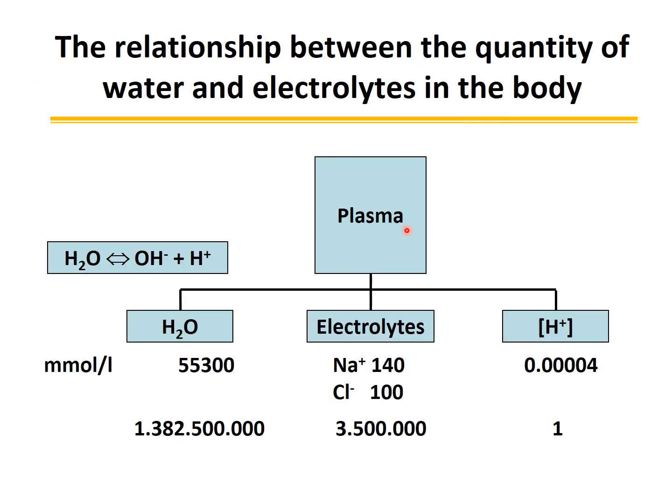And if you look at the relation between the quantity of water and electrolyte in the body, let's see, the plasma volume has water, electrolyte, and hydrogen. For one hydrogen ion, the electrolytes are about how many? 3 million more. And the water molecules are much, much, much higher. Why is it important?